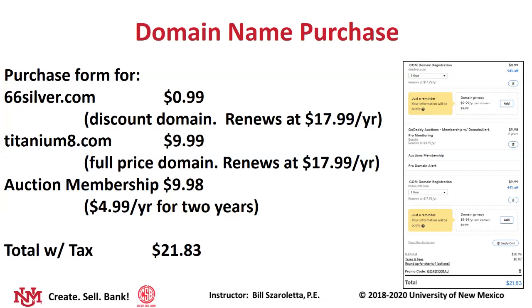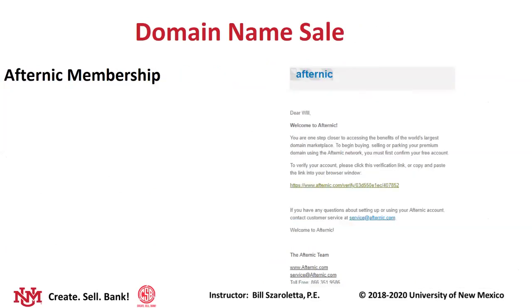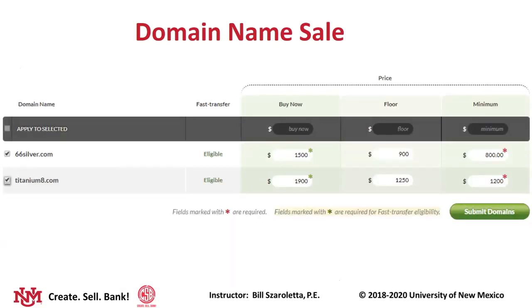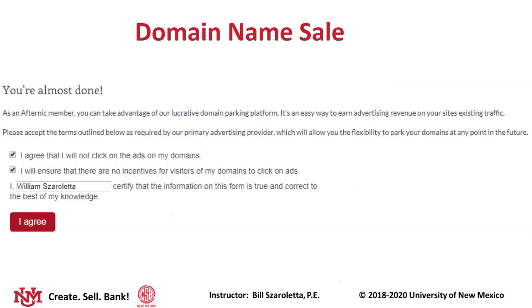So, here's how you can purchase 66 silver. I think I did buy it, just so it would show as an example. Titanium 8. There's the auctions. Afternic is the place where they can also sell, and you can do a domain name. I put these things up at a high price just as an example. They didn't sell, but they're there.